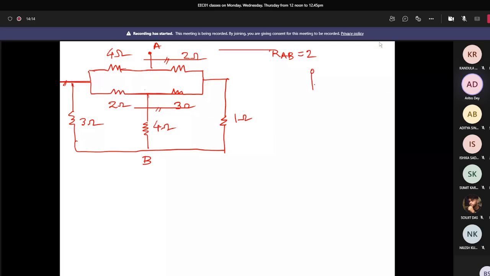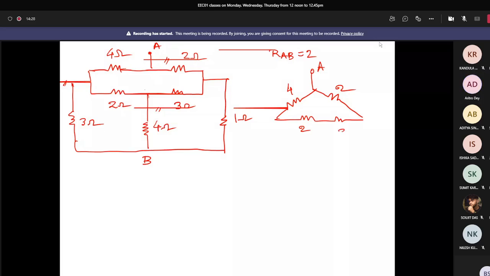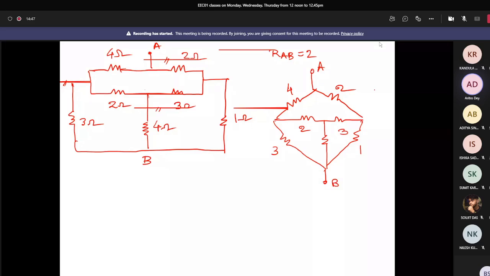So this is A. So this is 4, this is 2. This is your B. I have just redrawn it, but things are the same. So we have to find out between A and B.